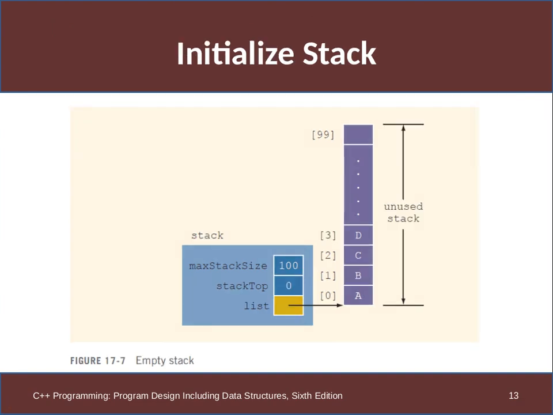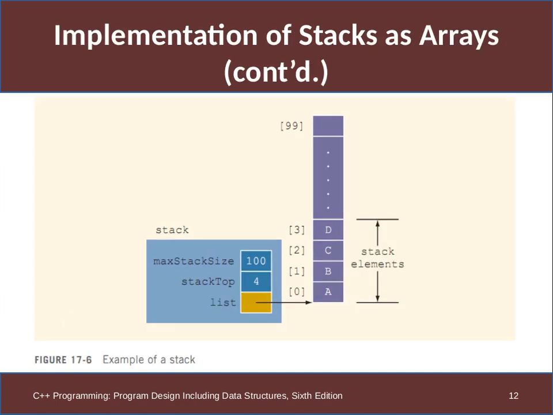So, we have the initialized stack. What would we do if we wanted to add E to this one? We would have to pop the other elements and then, let me say, push E. We're going to push E onto the stack.